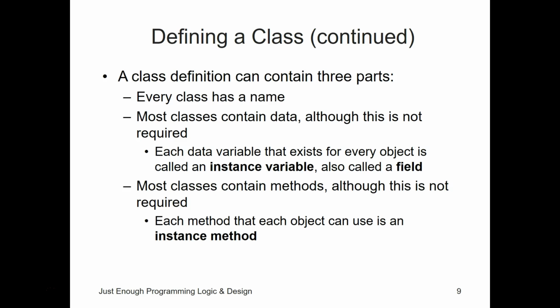There are times when we only have methods. In other words, there's only actions associated with it. So, every data piece we have creates some kind of a field. Think about it in terms of a database. It's creating a field where we store data. And then we also have an action or a method.